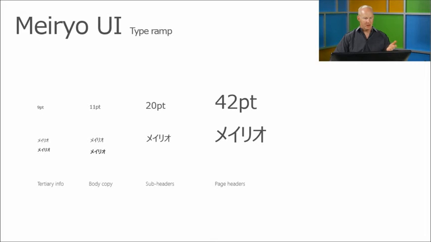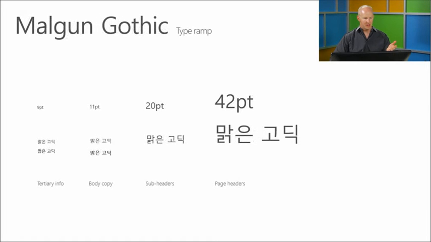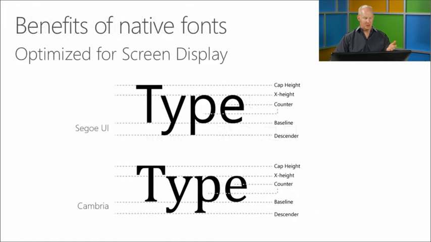And you can see that we have a bunch of different fonts that we're shipping to be used in various languages and have all the benefits of the native fonts built into each individual font. Like these fonts are optimized for screen display as far as their cap height and their X height and the counter and the baseline and the descender. And whether it's a serif font or a sans serif font, again, all of this was tuned to make it look incredibly crisp and incredibly clear using the typography engine of Windows.